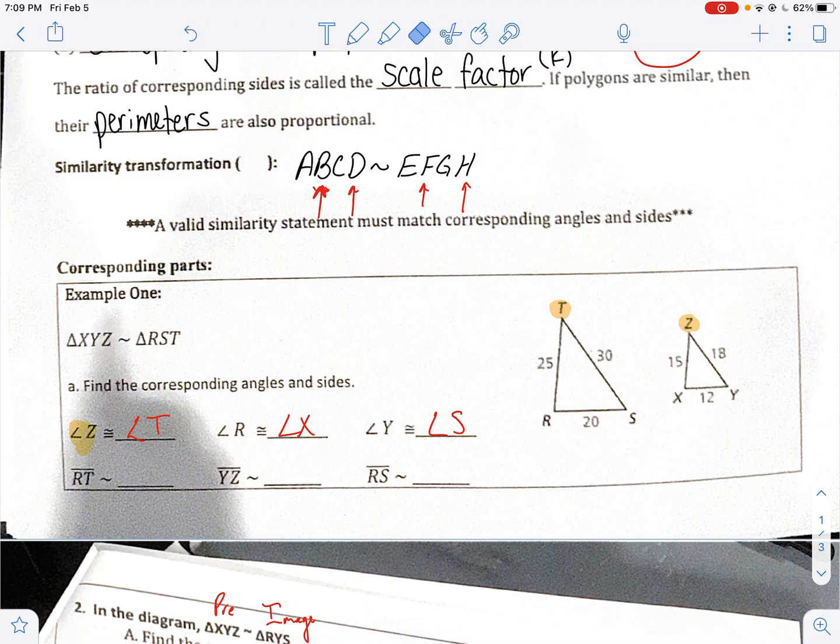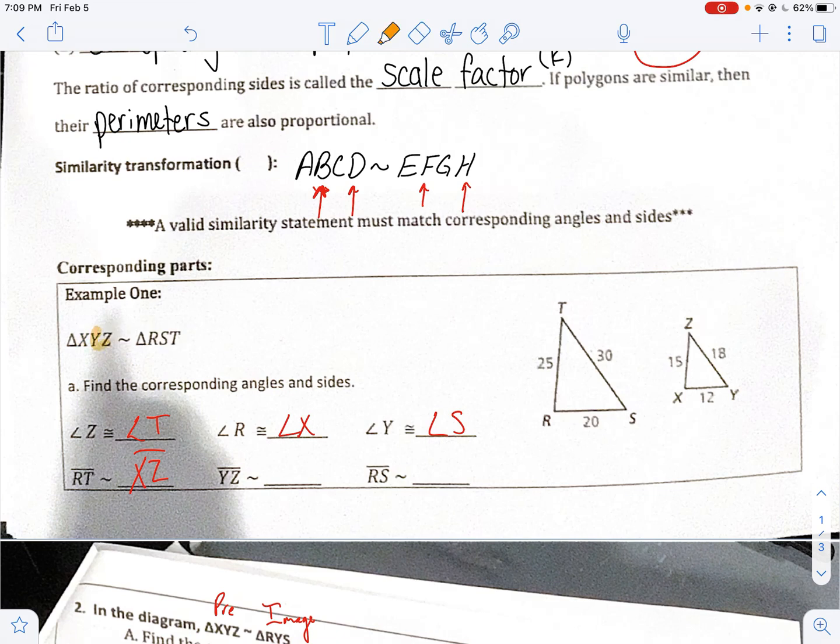And you would find the corresponding side lengths the same way. So RT, that's the first letter and the last letter, RT. That is similar or proportional to XZ. So I'll multiply RT by my scale factor to get the length of XZ.